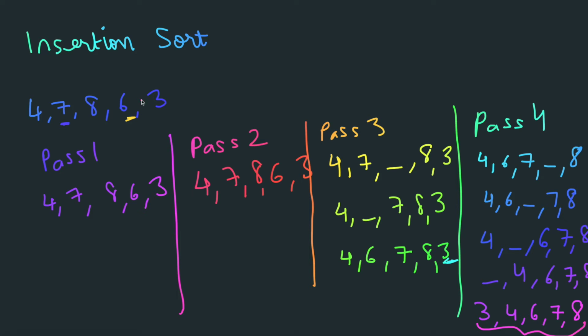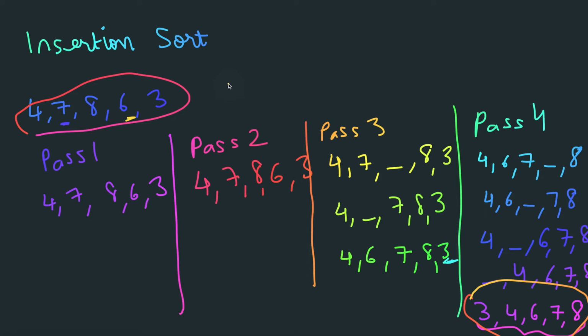This sorting technique, which we used here to convert an unsorted hand of cards to a sorted hand of cards, is called insertion sort, right? So how would you define insertion sort?